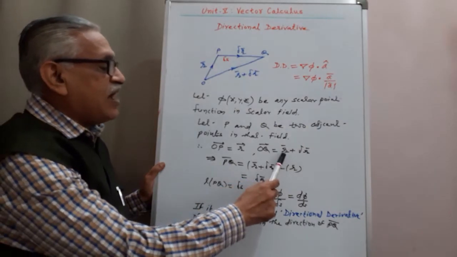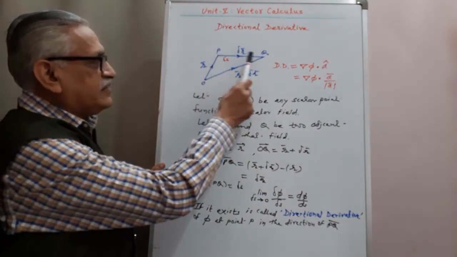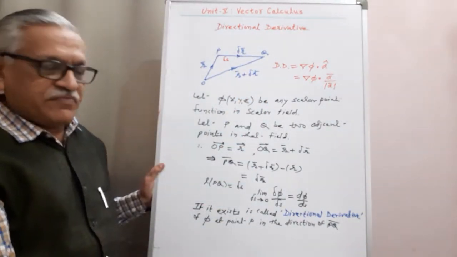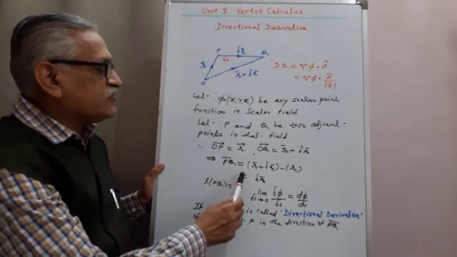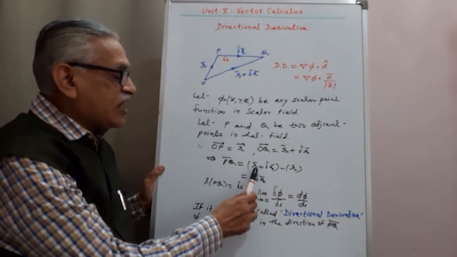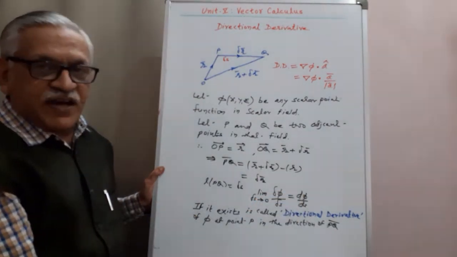as r bar plus delta r bar. Then vector PQ, as per vector algebra, is vector OQ minus vector OP. Vector OQ is r bar plus delta r bar minus r bar.